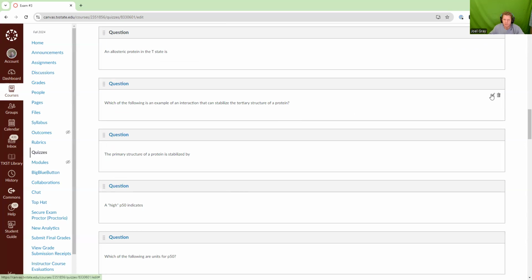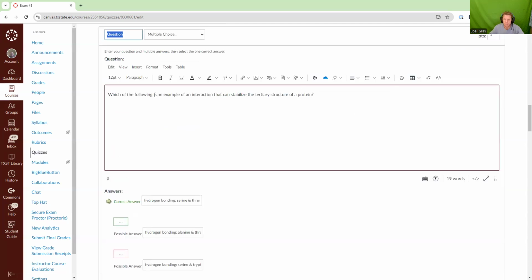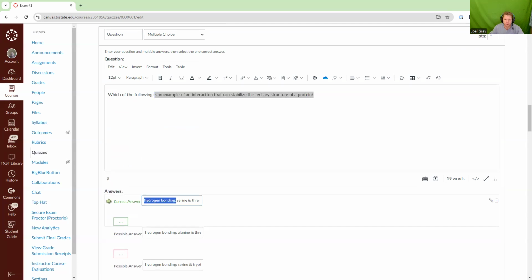Which of the following is an example of an interaction that can stabilize the tertiary structure? Okay, the tertiary structure of a protein. We've got hydrogen bonding, a serine and a threonine.